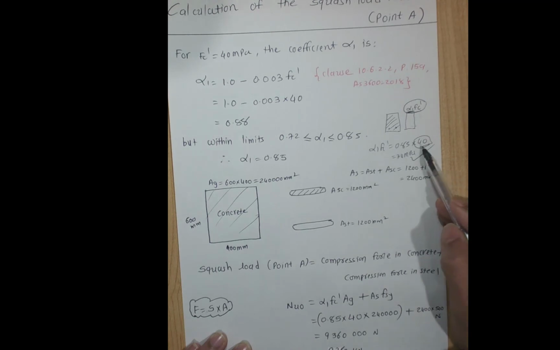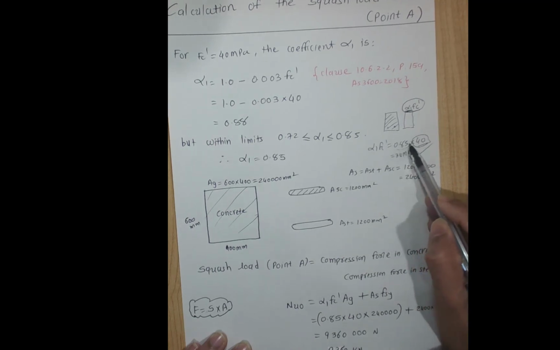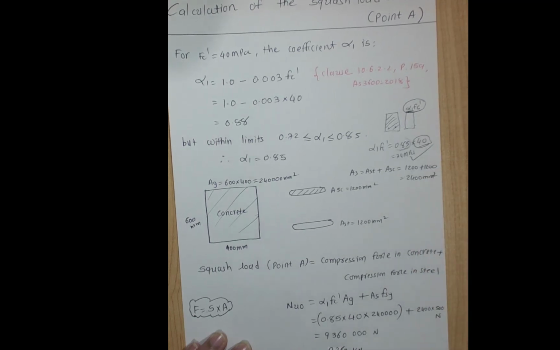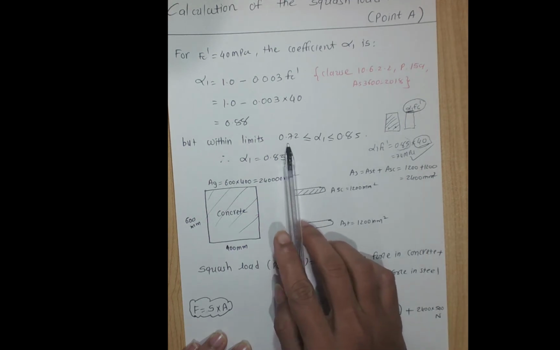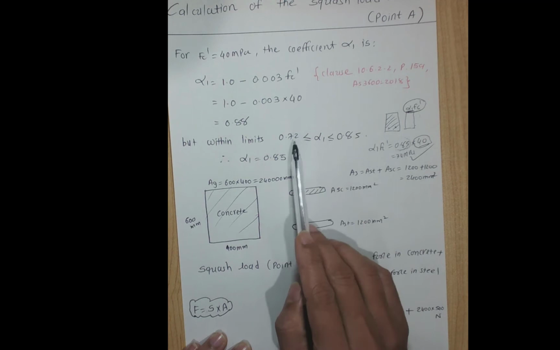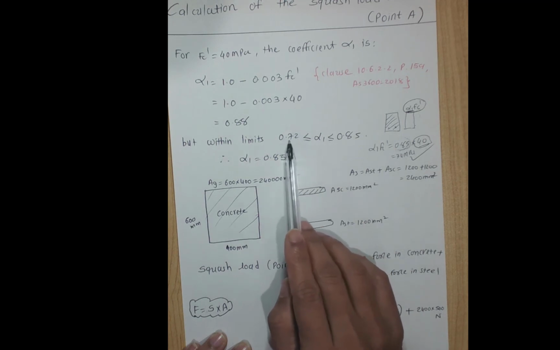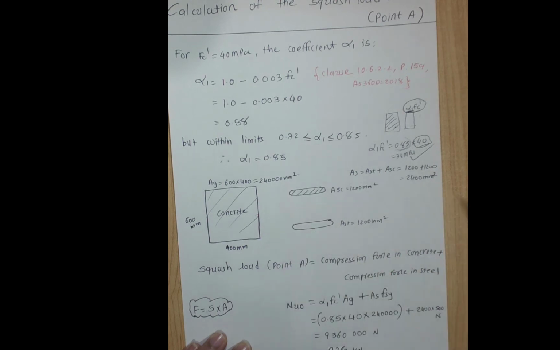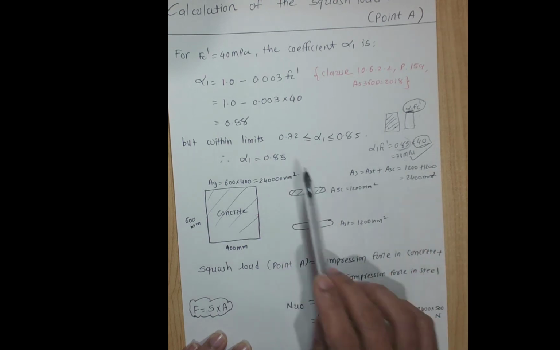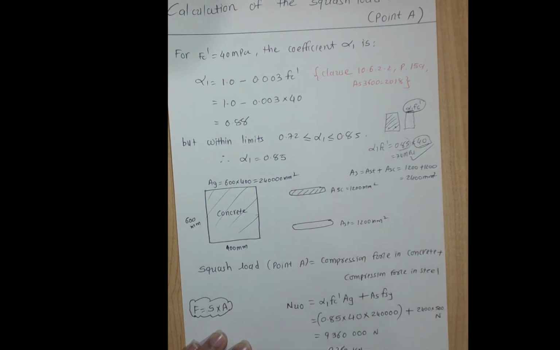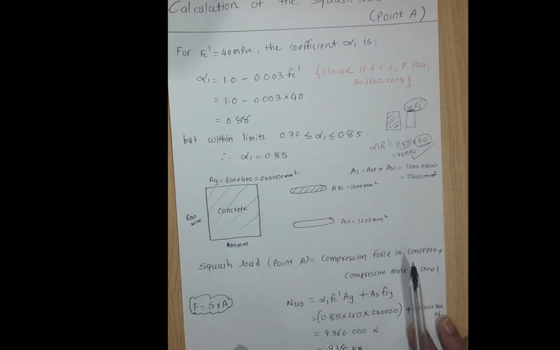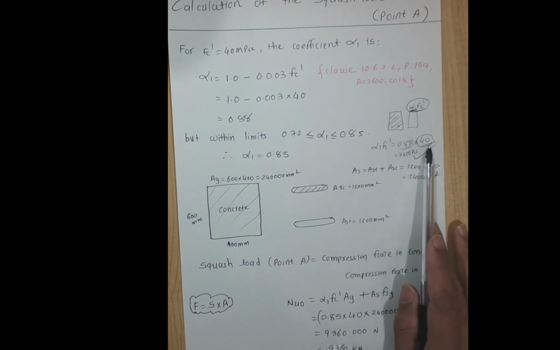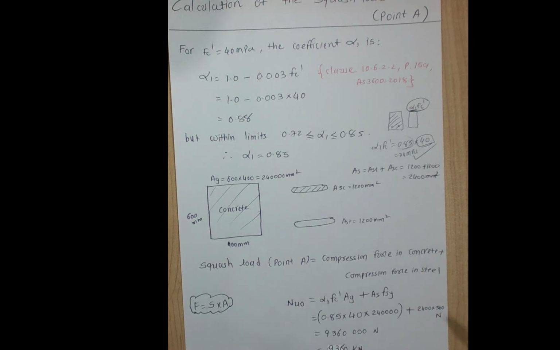Therefore, for uniformity, we reduce this for safety reasons. So that is 0.85, we multiply, we reduce. In some cases, if you go to 0.72, you can go up to 28% of reductions. That is the maximum reduction. So that's the story about 0.85. So actually we're not taking 40, we're taking 34 megapascals of concrete here.